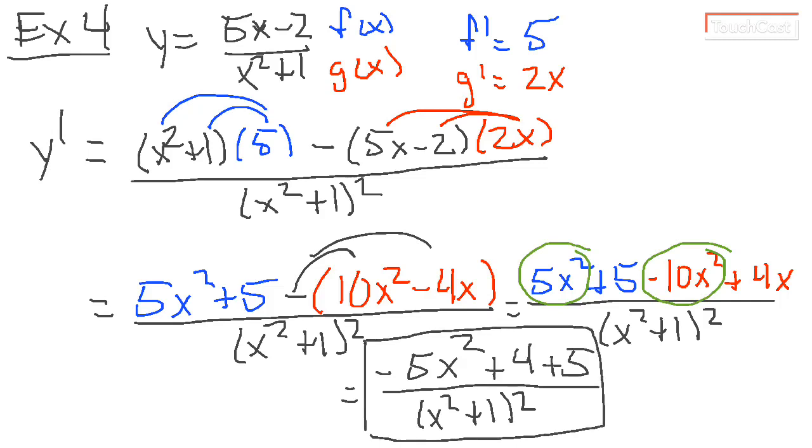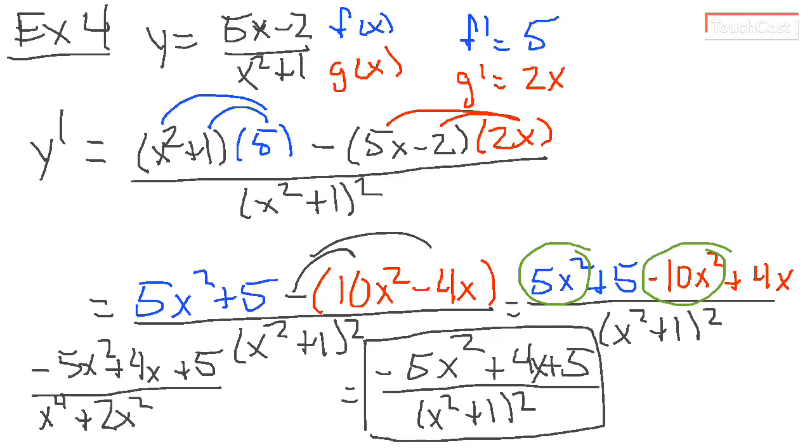If you don't want to do that, you could multiply it out. So you could also get negative 5x squared plus 4x plus 5 all over, we could use our algebra sheet I gave you in class. We'd have an x to the 4th plus 2x squared plus 1. I would take either of these answers.